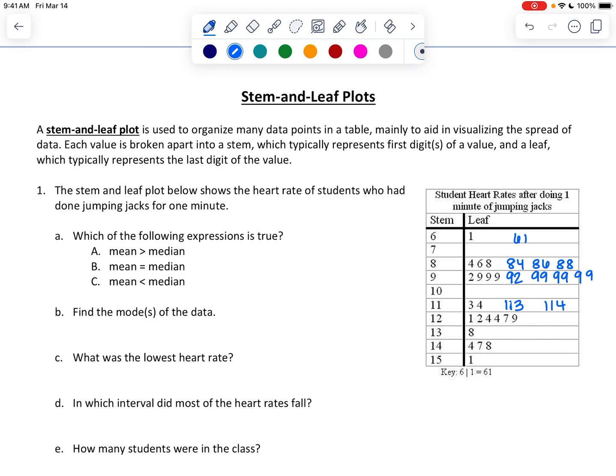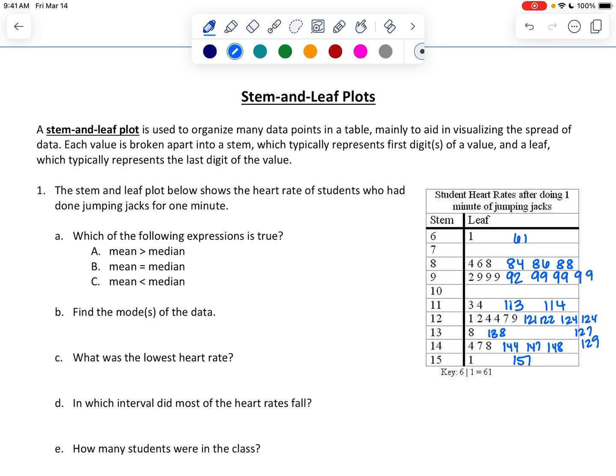Oh, we got a lot in the 120s. So we have 121, 122, 124, another 124, a 127, and a 129. We have a 138, we have a 144, a 147, and a 148, and we have a 151.